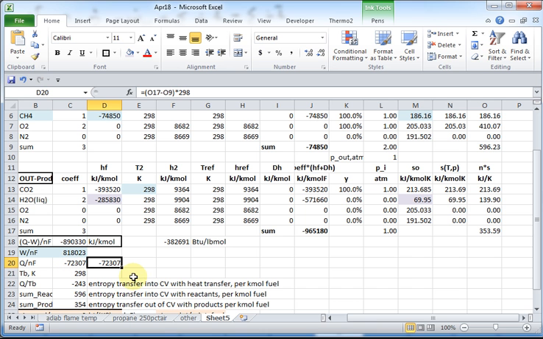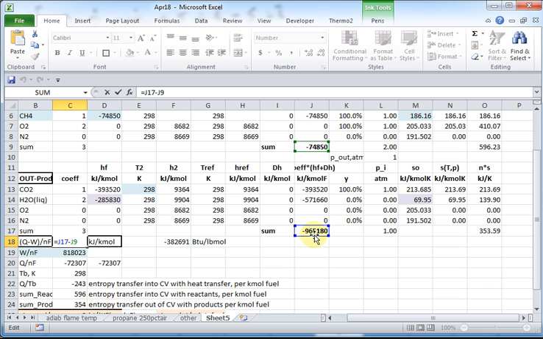Okay? So now I have the Q dot divided by N dot F. From the energy balance, the work minus the Q, the work divided by NF is this. That just comes from this difference. Okay?